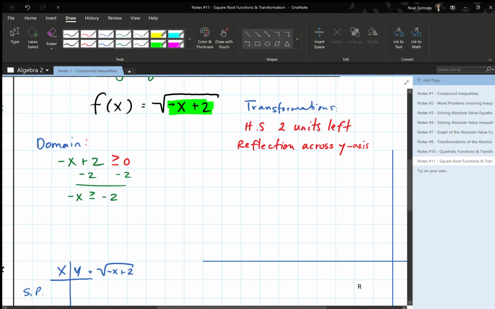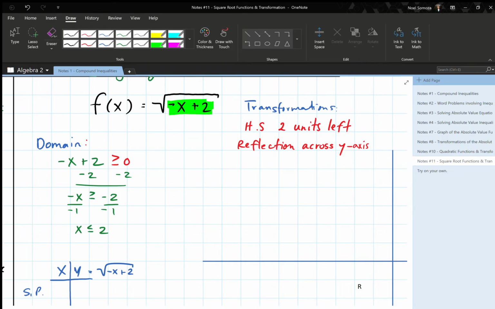In order to get rid of this negative, we divide both sides by negative 1. And what happens to my inequality when you divide by a negative? Yeah, it flips it around. So now x is less than or equal to 2. So all of the valid domain values have to be less than or equal to 2. So you're actually going to be picking numbers on the left side now.